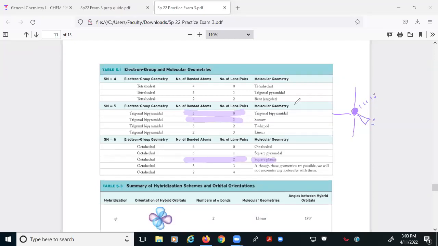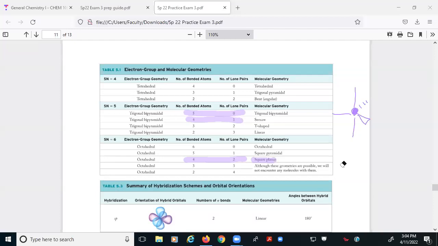That's not one of the options. We didn't say anything about 3 bonds, 2 lone pairs. It's either 5 bonds and no lone pairs, so the true trigonal bipyramidal, which is definitely 3-dimensional. We've got the flat region and the axial region.